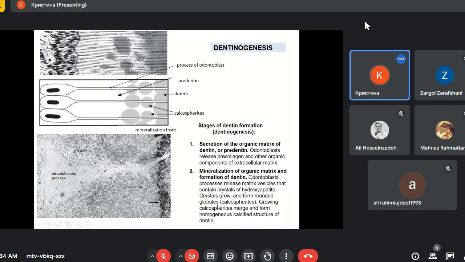These round structures are called calcospherites, and while they grow, they fuse together and finally form the mineralized dentin. So in this area we have the mineralization front, where the calcospherites first appear and grow and fuse together to form finally the mineralized dentin. It is seen here in this picture. And the process of the odontoblast stays embedded into the mineralized dentin, inside the dentinal tubules.